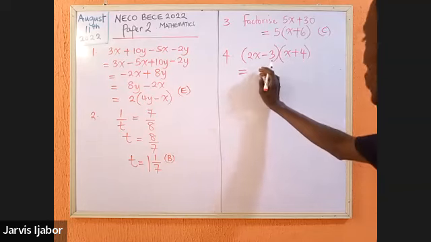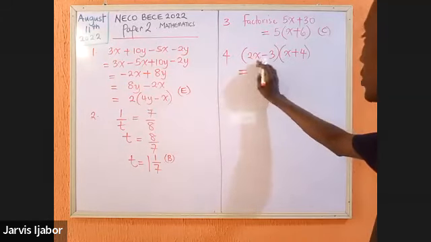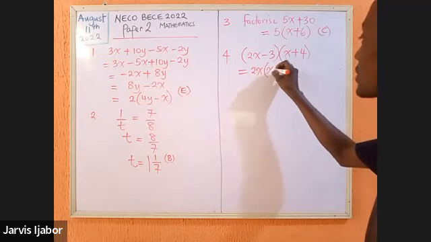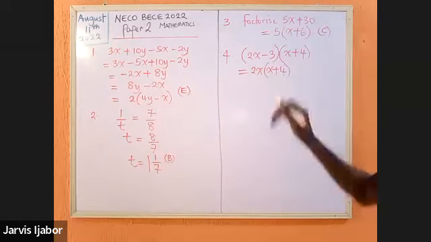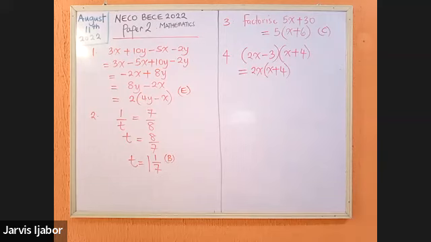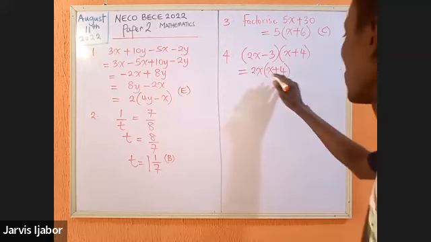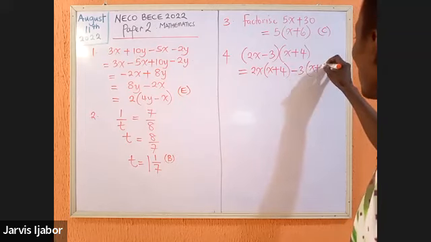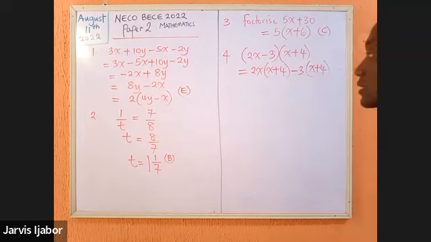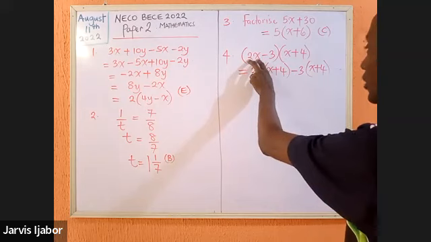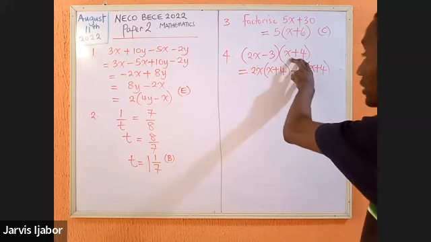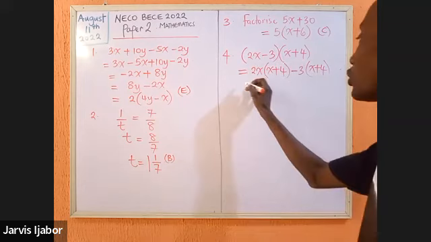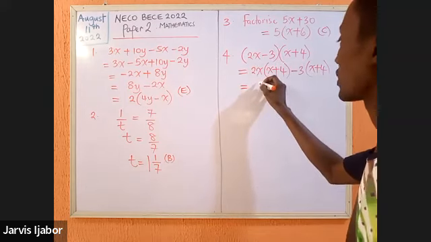I pick this to multiply this, and that will be 2x into x plus 4, minus 3 into x plus 4. Are we seeing that? You use this to multiply the content of the second bracket. So you open up.